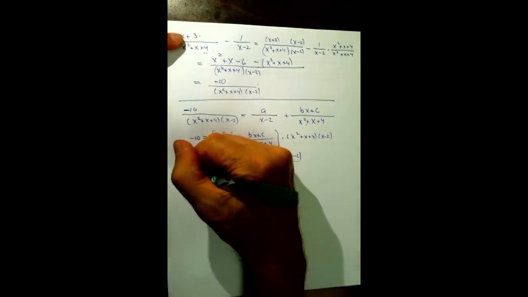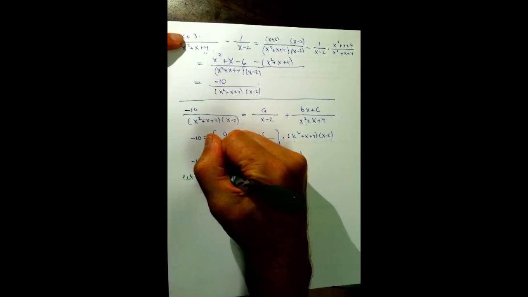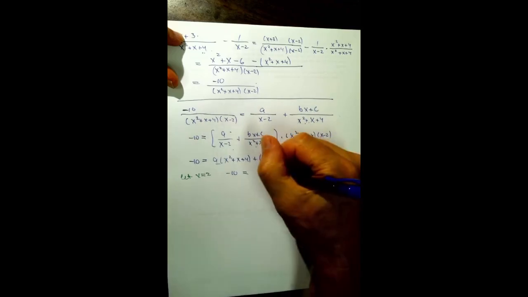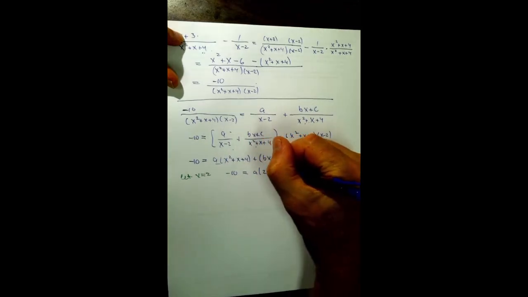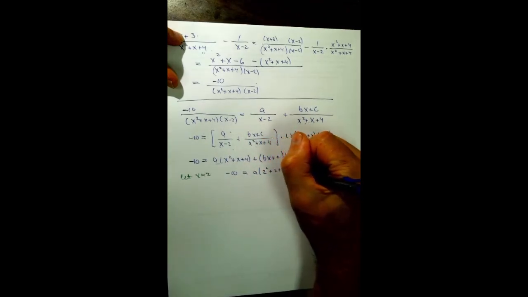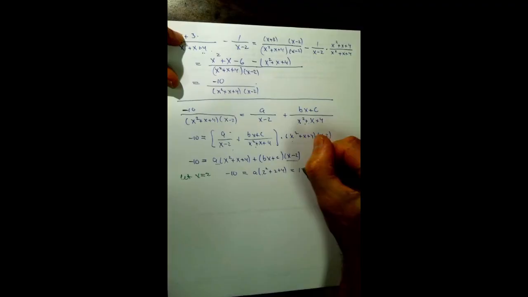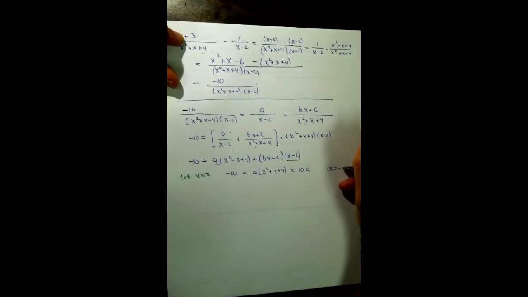Notice if I let x equal 2, that term will cancel, and I can just focus on a. Left-hand side is minus 10. So here I'm going to get 2 squared plus 2 plus 4. 2 minus 2 is 0, so I'm just left with that. So that's going to be 4 plus 4 is 8. I get 10a, so a is minus 1.